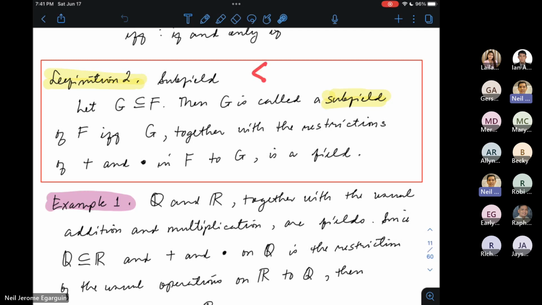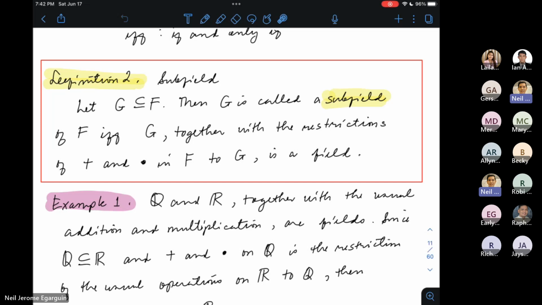So kung meron kang field, say F, addition, and multiplication, tapos kukuha ko ng subset ni F. Tawagin natin G, yung subset ni F. Are you guys familiar with subsets? Do you remember kailan si G ay subset ni F? If all the elements in G ay makikita sa elements ng F. All right, thank you, Ian.